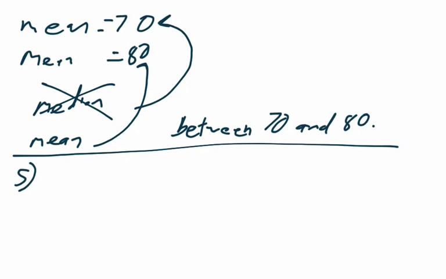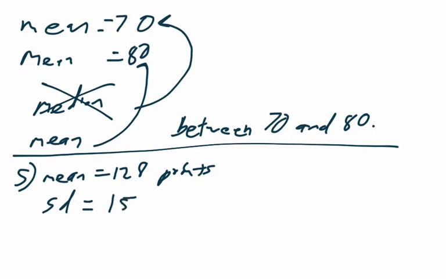For problem number 5, it says that we have the mean birth weight of an IQ test. I don't think that's right. It should just say the mean score of a test is 128 ounces, which should be points, and a standard deviation of 15.